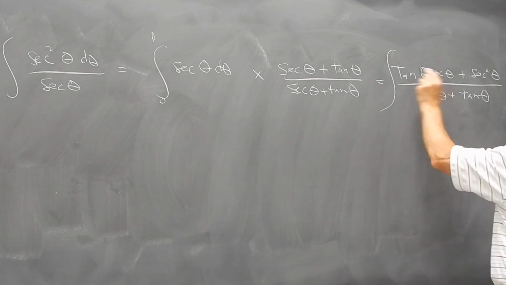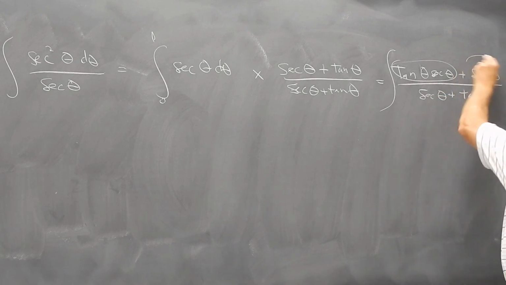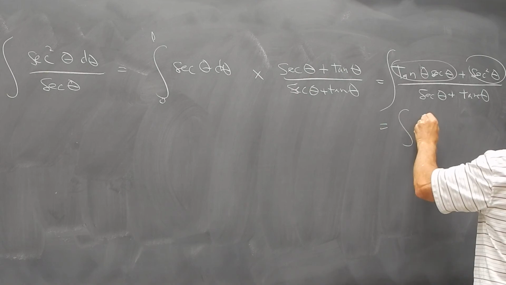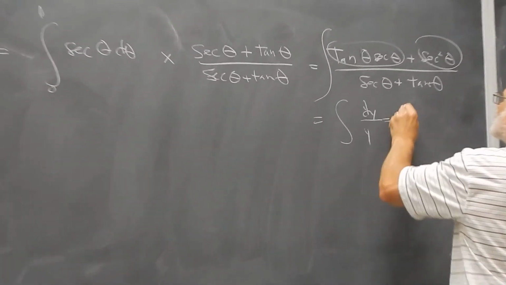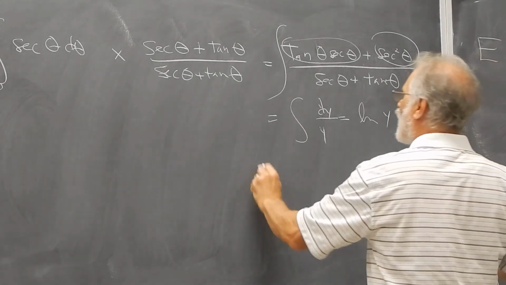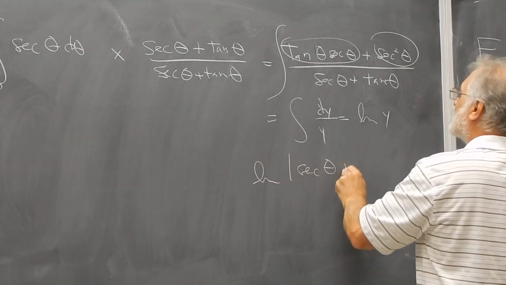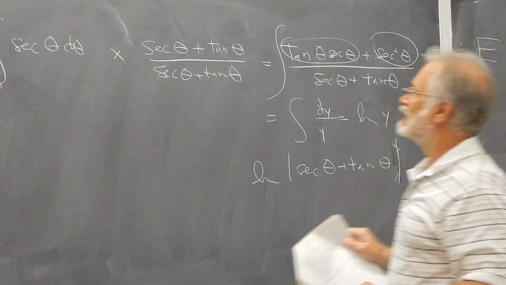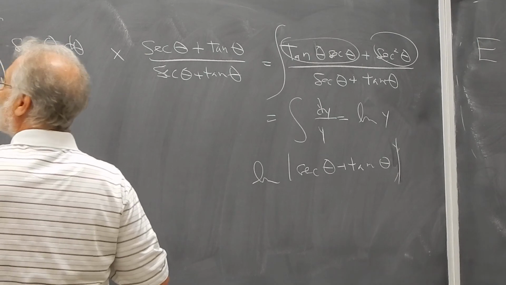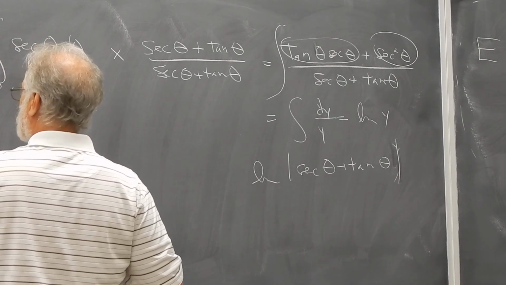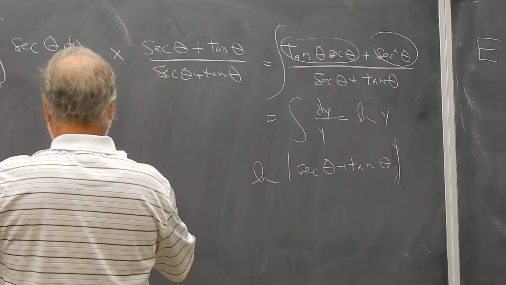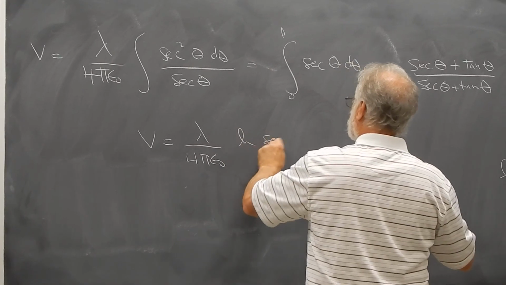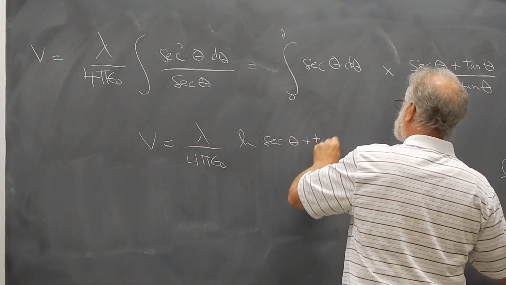Notice the numerator is the derivative of the denominator, so this is like saying the integral of dy over y, which of course is just a log of y, or the log of secant theta plus tan theta. Put that all together, I have V equals lambda over 4 pi epsilon naught times log of secant theta plus tan theta.